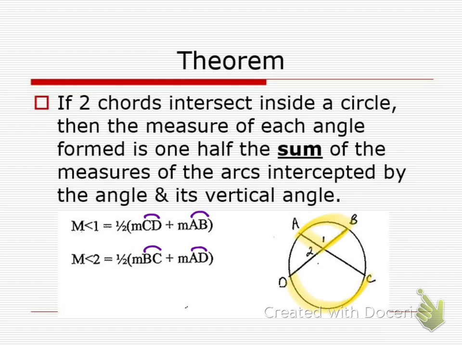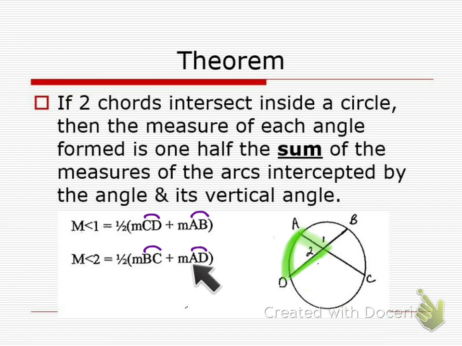Same idea if I take away those marks. If I wanted to focus instead on angle 2, I trace over angle 2, I connect that arc to finish off that pie piece. That's my first arc, AD, which I've got back here.